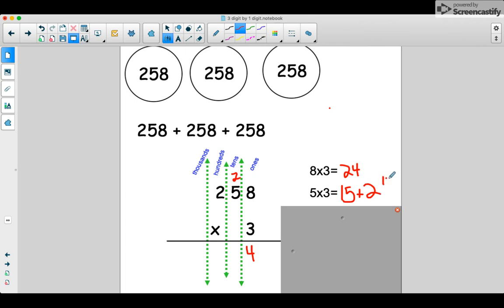And then when I think about the 17, I know that that 7 is what I'm going to bring down in my tens place. And because it's really times 10, that means that 1 is 100, so that 1 is going to go into the next place value.